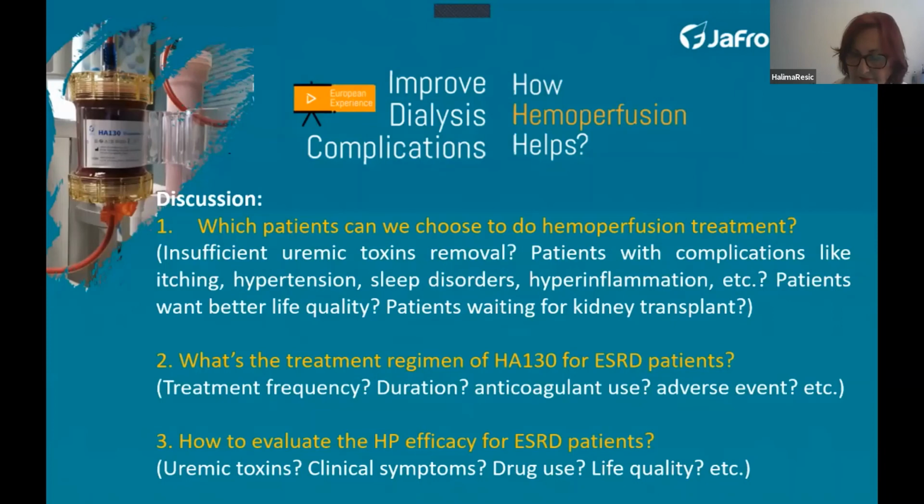Okay, of the uremic toxins we evaluate PTH and the levels of beta-2 microglobulin. Then the clinical symptoms and the quality of life are important for us, and we try to evaluate them with questionnaires, and we have seen some improvement in this.